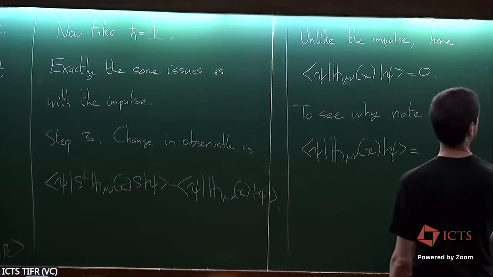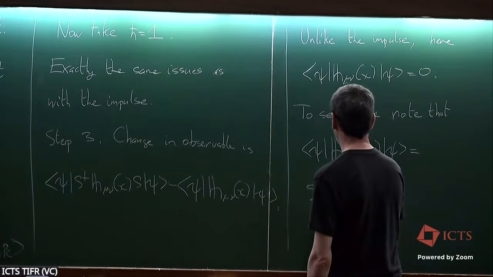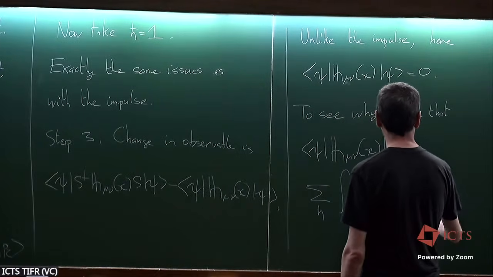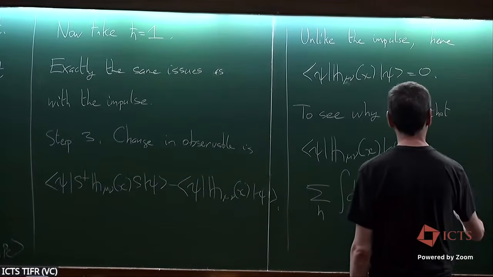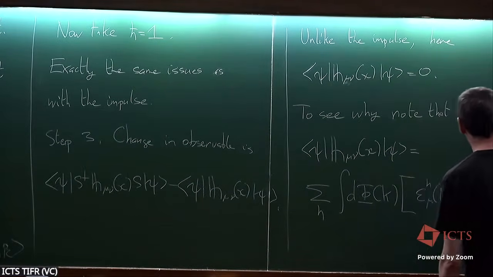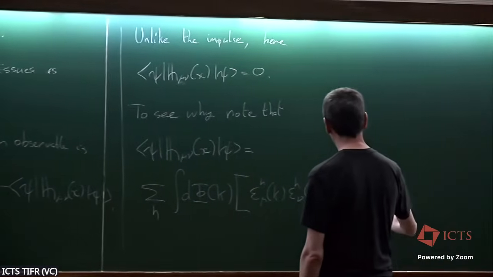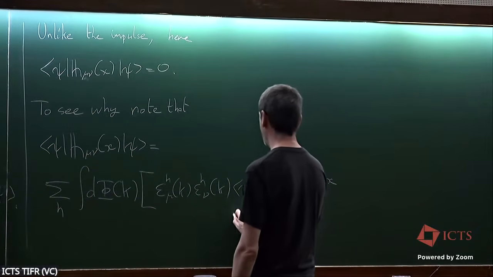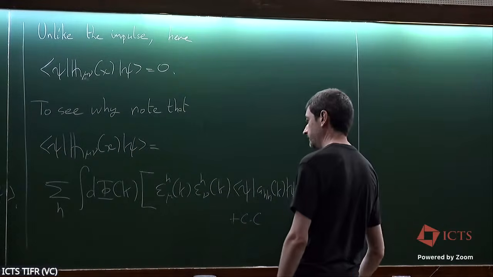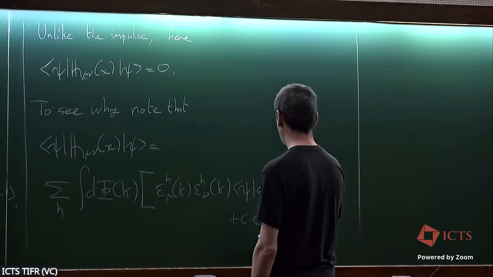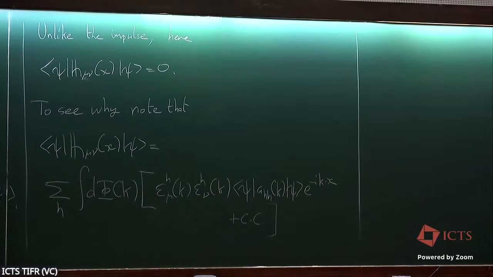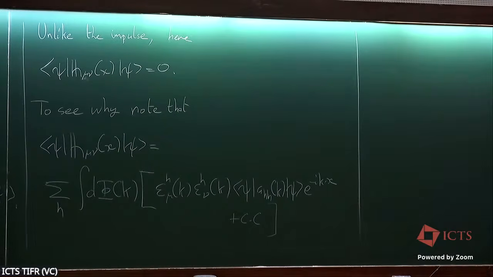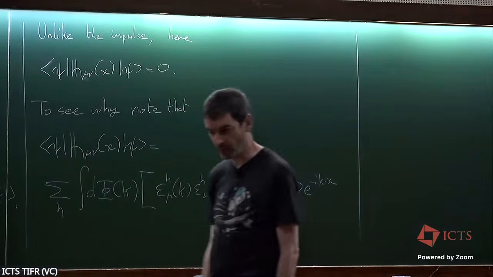So the result will be a sum over helicities, integral d phi of k, polarization vectors, and the expectation value of the annihilation operator of the gravitons on the state psi, e to the minus i k dot x, plus complex conjugate. I'm writing plus complex conjugate here instead of plus Hermitian conjugate because that's a number, not an operator. I'll use these abbreviations more and more today and tomorrow.